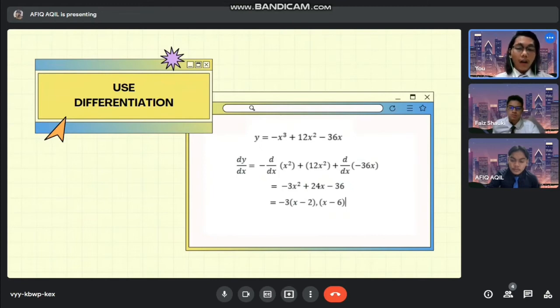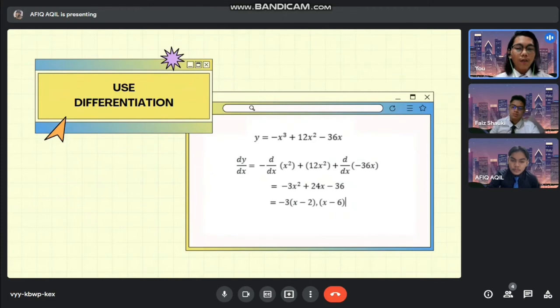So the formula we use is dy/dx equals negative d/dx of x power of 3, plus d/dx of 12x power of 2, plus d/dx of negative 36x. So in this formula, we will differentiate it.